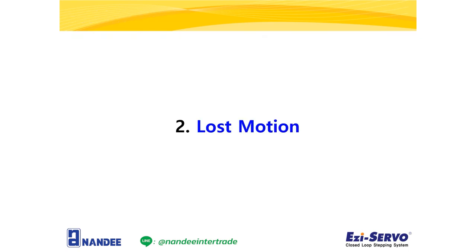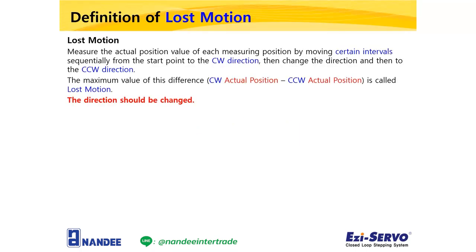The following is an explanation of lost motion. Lost motion is measured as follows. First, move the motor sequentially at a certain interval in clockwise direction from the reference point. After that, measure the actual position value at each measuring point.